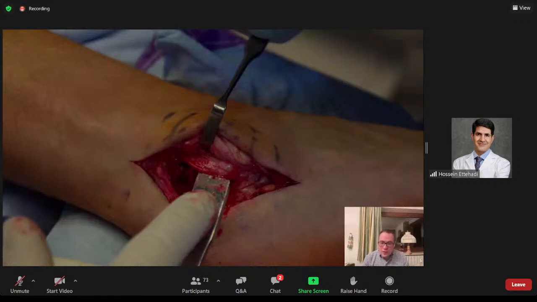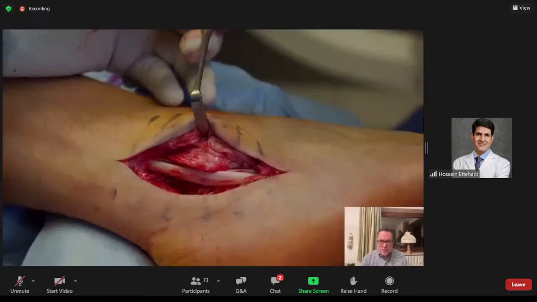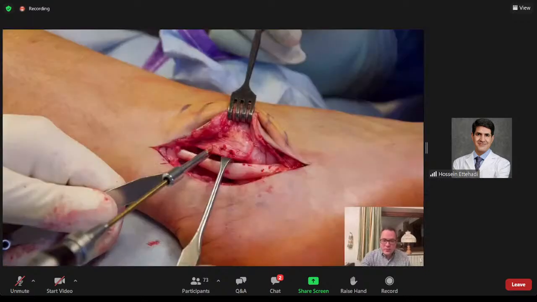By doing so, I achieve the groove deepening itself, and I can preserve the fibrocartilage that is running on top of the bone of the groove, so that the tendon can run smoothly even after the groove deepening process. Now the tendons should be running stably, spontaneously. There must not be any subluxation or instability left.